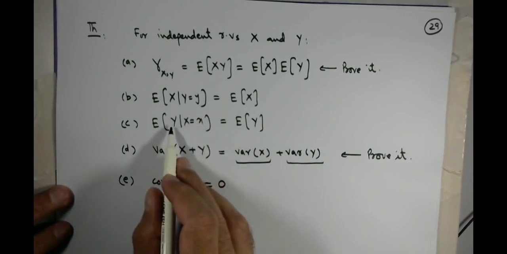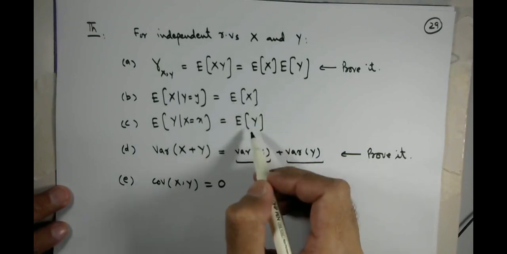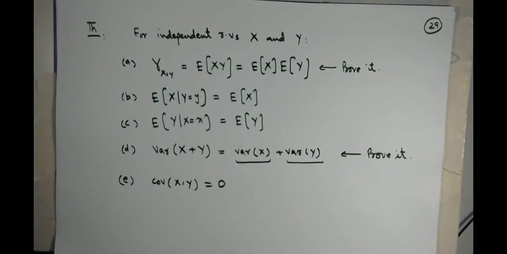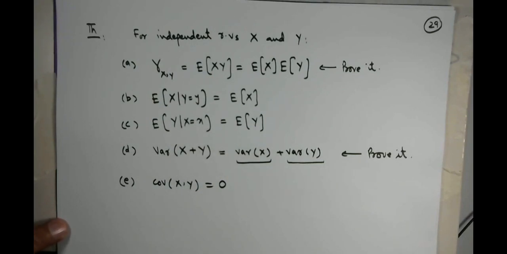Same is the case with Y, and we already know that if X is independent of Y, then Y is independent of X. So if you know this formula, this part C is automatic.